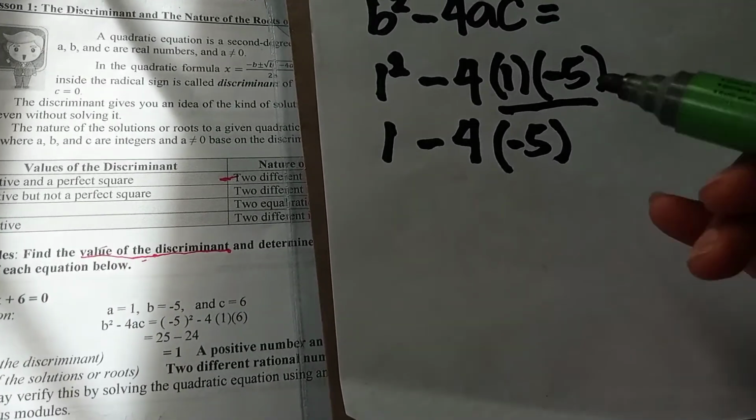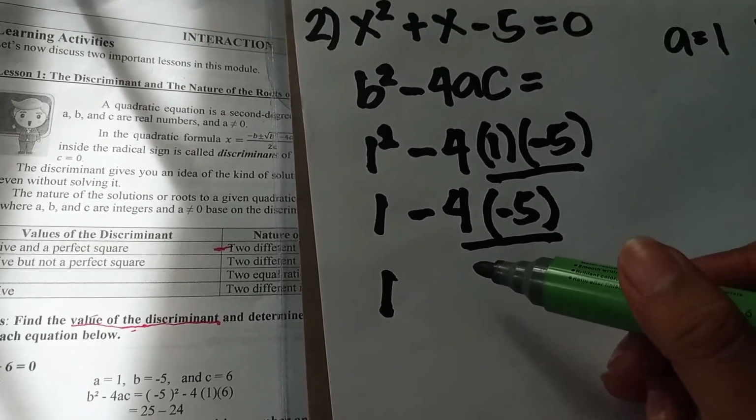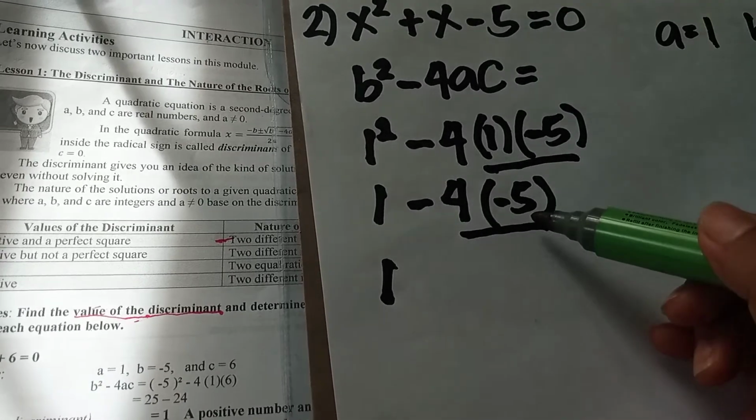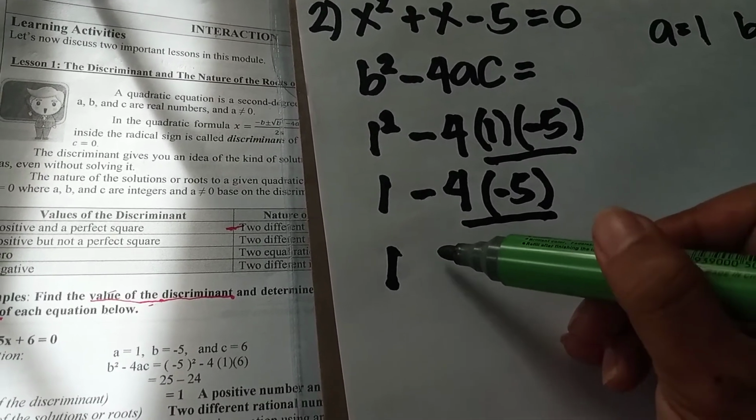Then next, we solve. Copy 1, then 4. Negative 4 times negative 5 is equal to positive 20.